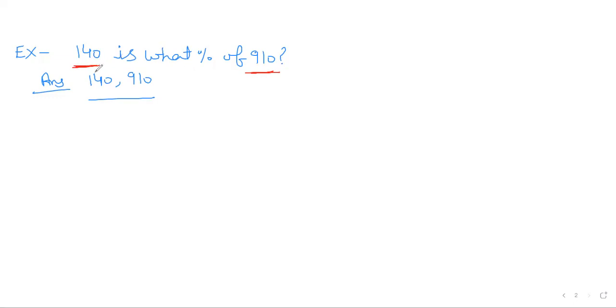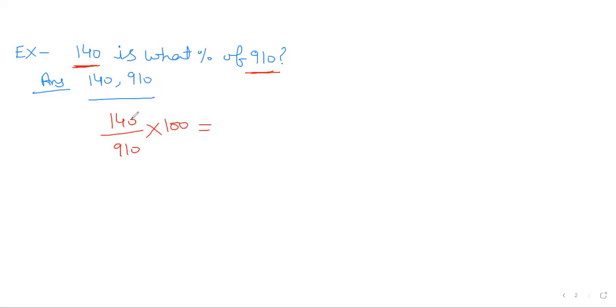We are calculating 140 is what percent of 910. 140 as the percent is required with respect to 910. So obviously we can write 140 upon 910, and then we will multiply with 100, right?